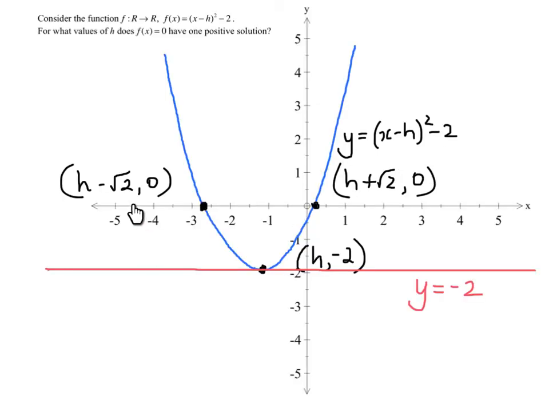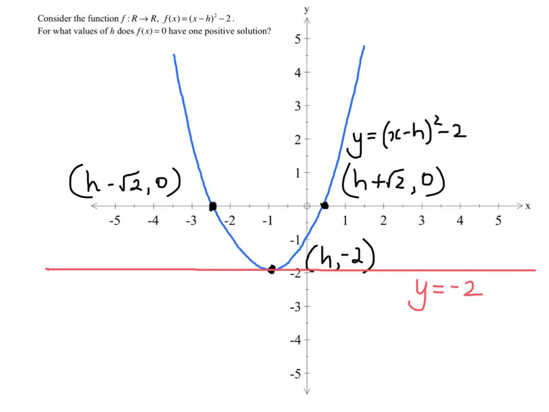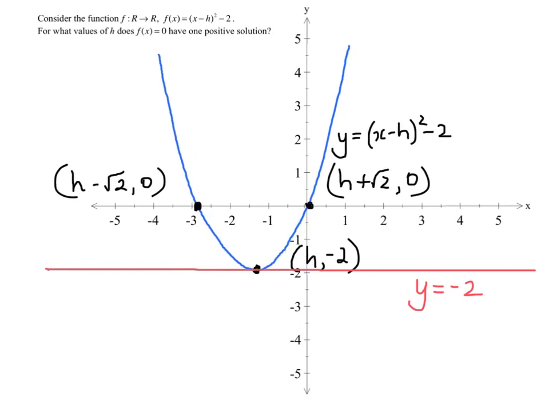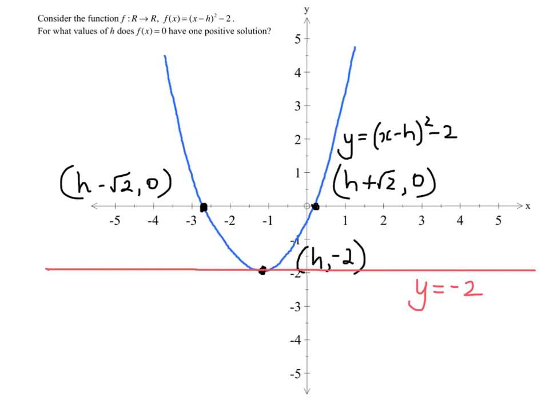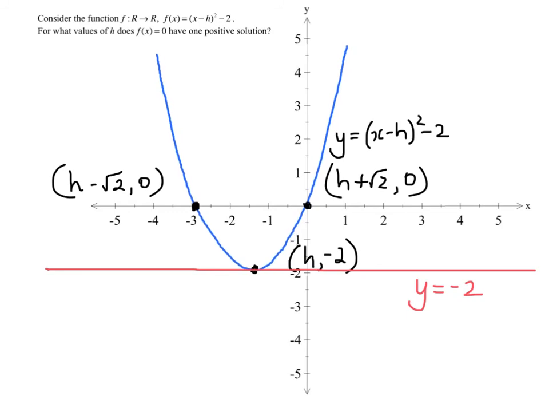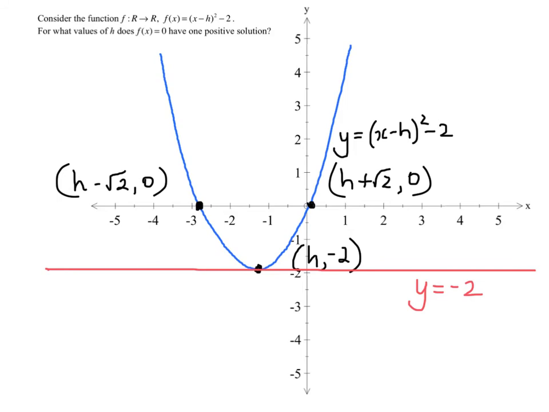And here they are. There's one x-intercept and there's another x-intercept. We kind of have to decide what values those x-intercepts will take so that we have one positive solution. So here's one positive solution just after. h + root 2 is greater than 0.